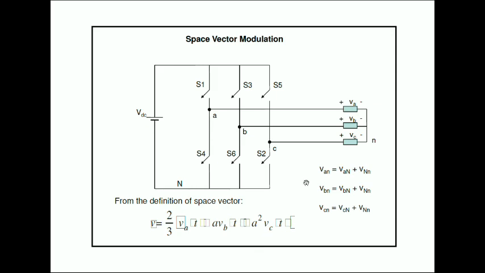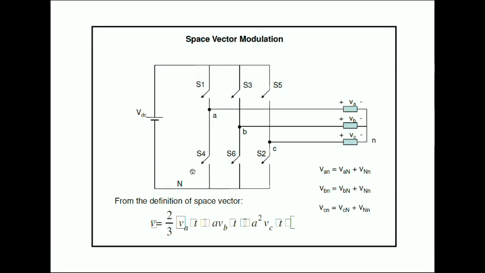If you do a KCL here, capital N is the neutral point of this VSI, and small n is the neutral point of your load.